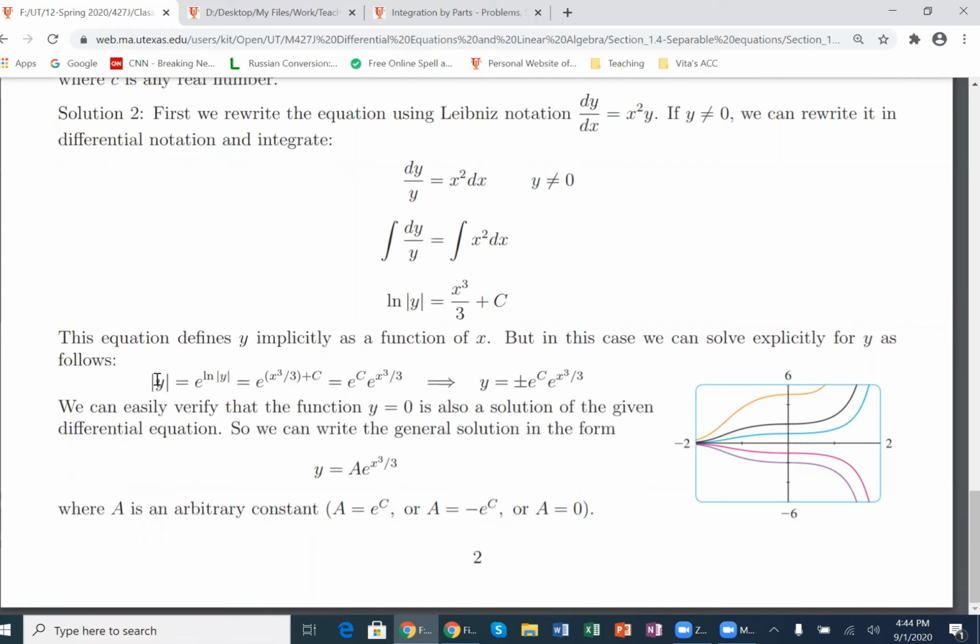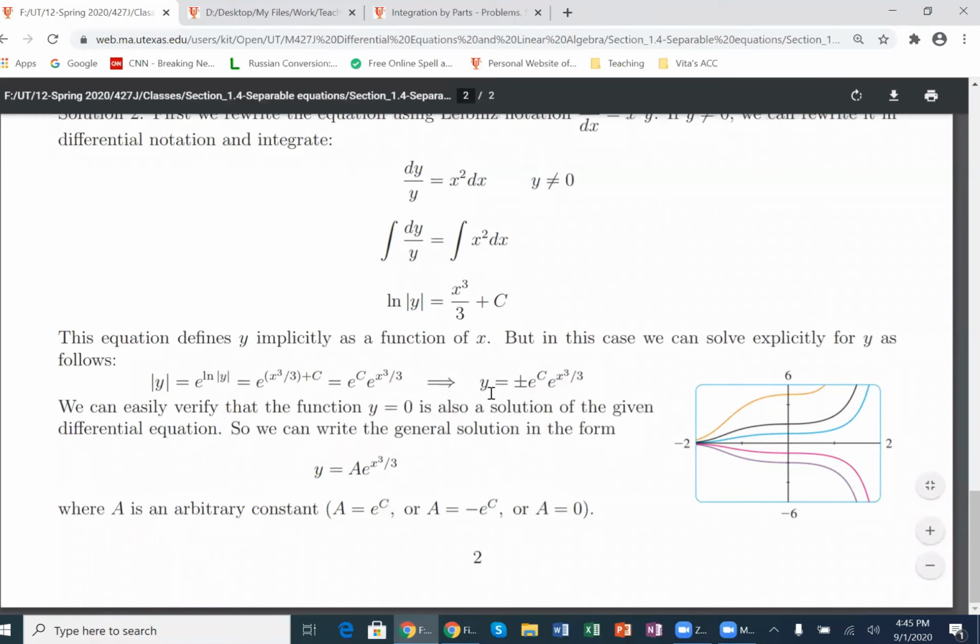Well, note that over here we have absolute value, because the antiderivative of 1 over y is ln of absolute value of y. So here we have absolute value, here we have absolute value, but then over here there is no absolute value, here we put plus minus. So if we skip absolute value, we put plus minus.